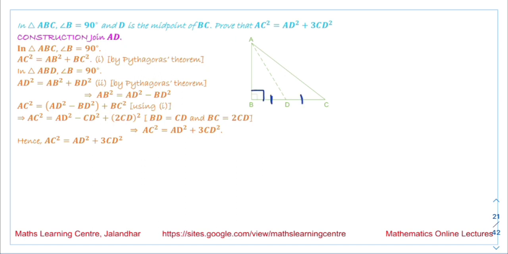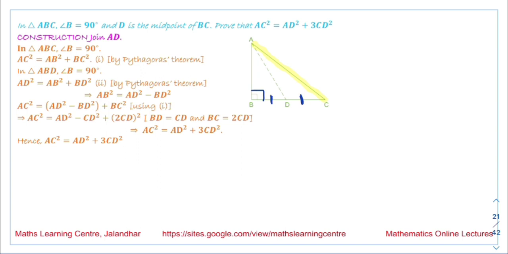We are saying both these lengths are equal. We have to prove that AC square, I'm talking about this AC square, is equal to AD square plus 3 times CD square.